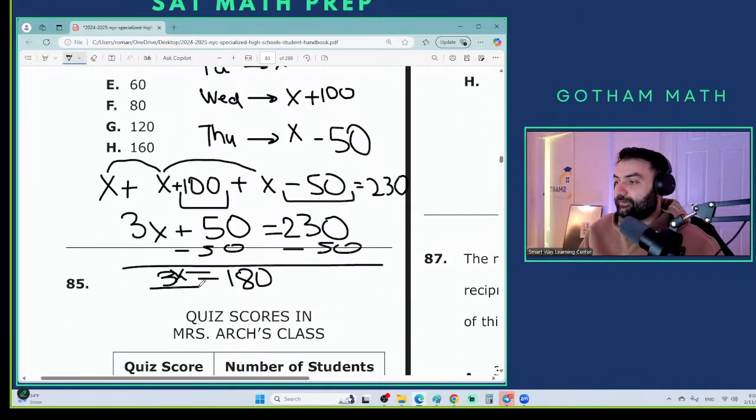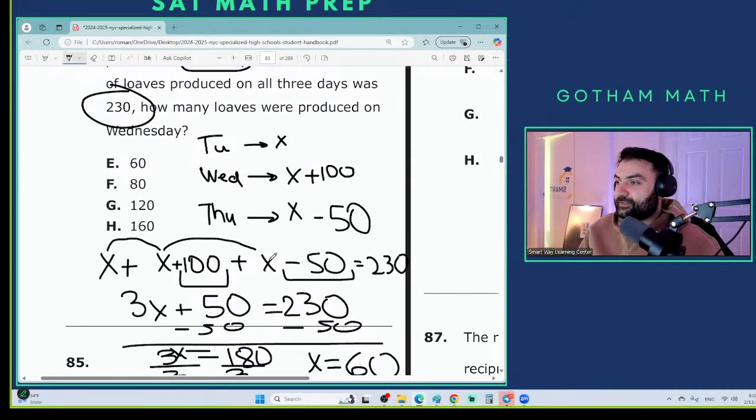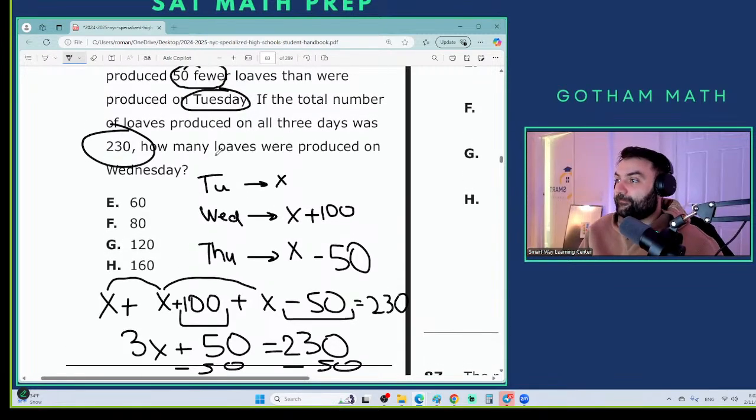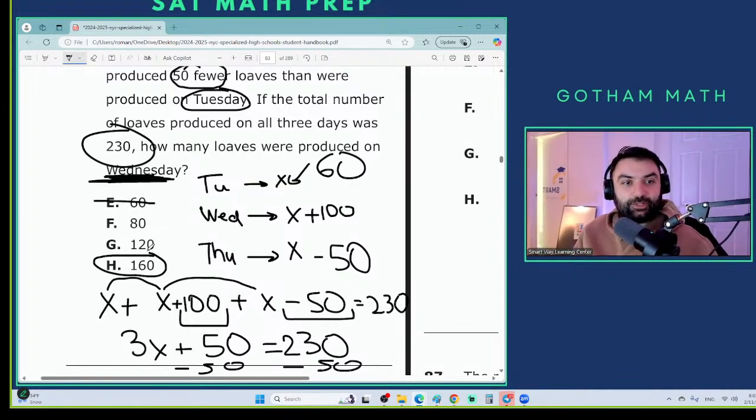And as a final step, divide by 3. We get X equals 60. Don't forget that 60 was Tuesday. They ask how many loaves were produced on Wednesday. The question is about Wednesday, so 60 is not the answer. The correct answer will be 60 plus 100, which is 160. The correct answer is H. Samir is the only one who got it.